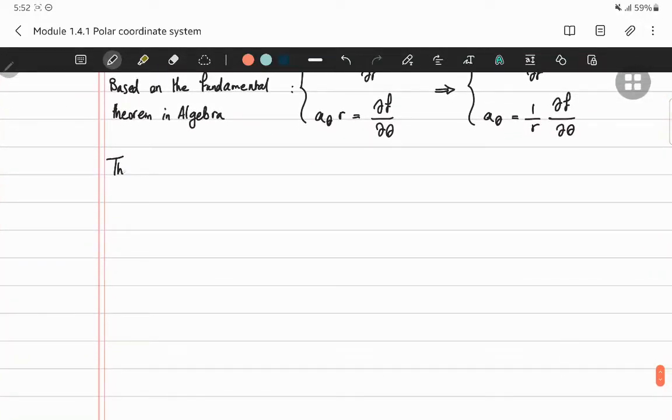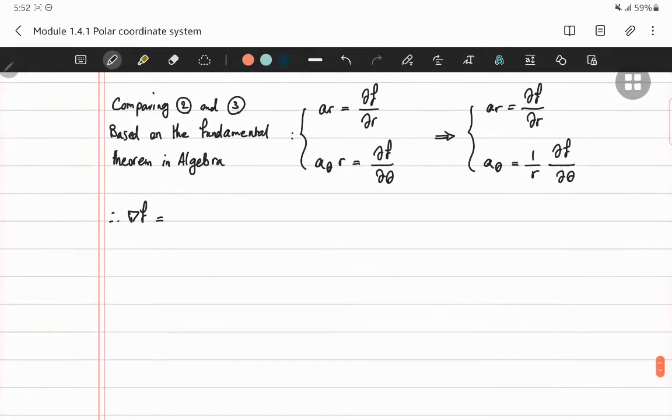Therefore, del f is equal to the partial of f with respect to r, er, plus 1 divided by r, partial derivative of f with respect to theta, e theta. All right.